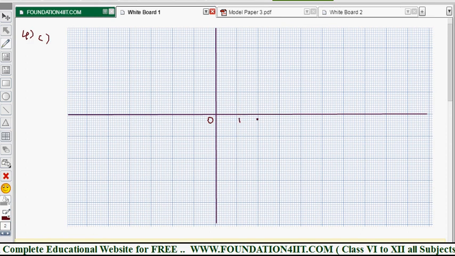So 0 and positive 1, 2, 3, 4, 5, 6, 7 and so on on the x-axis. The vertical one is the y-axis. On the other side it is -1, -2 and so on. Above is 1, 2, 3, 4 positive values, and down is -1, -2, -3, -4 and so on. Here 1 centimeter is equal to 1 unit on both axes.